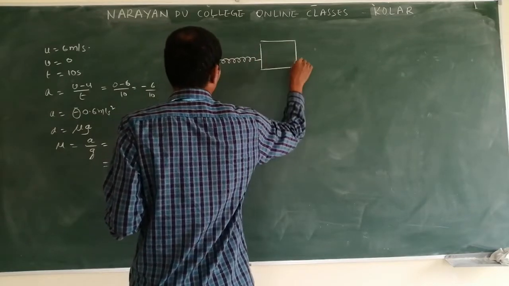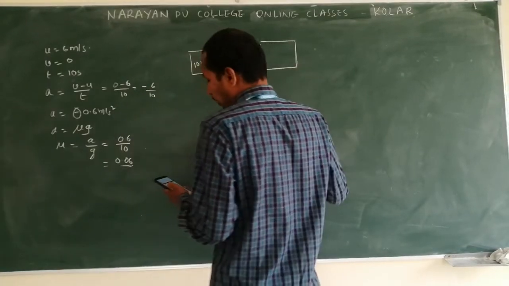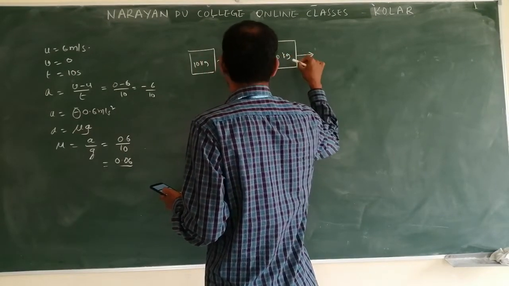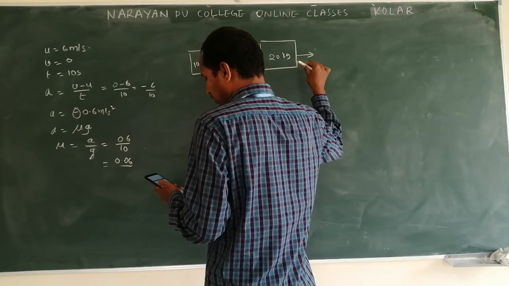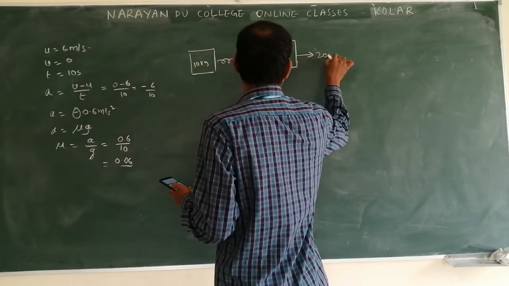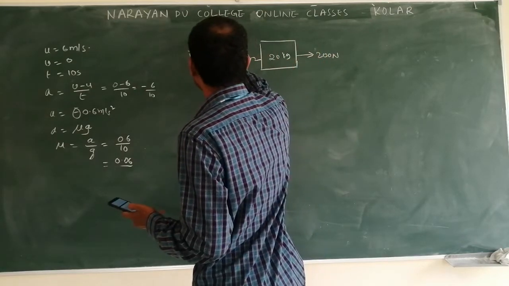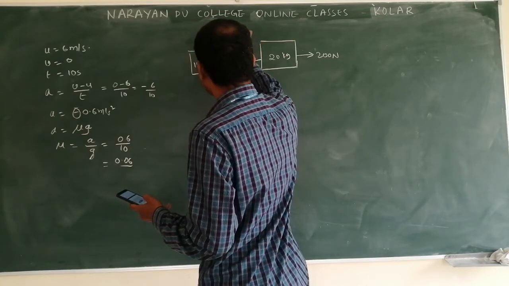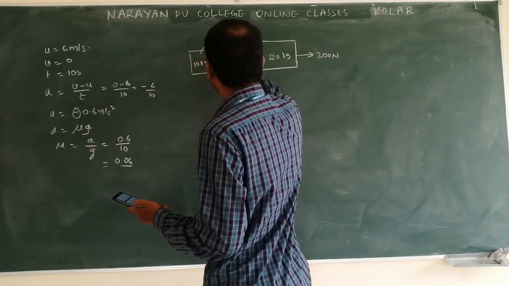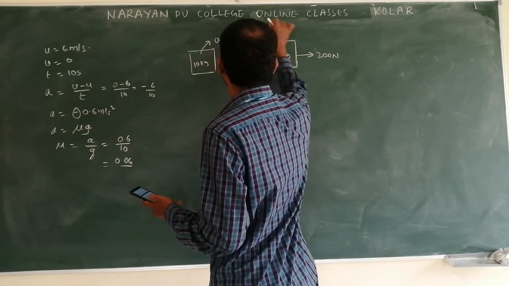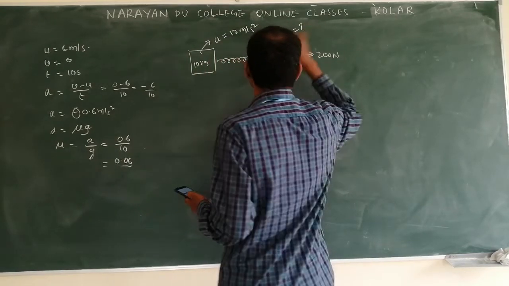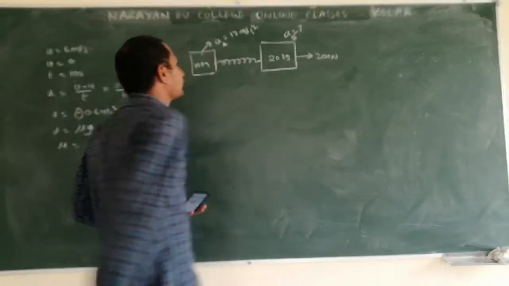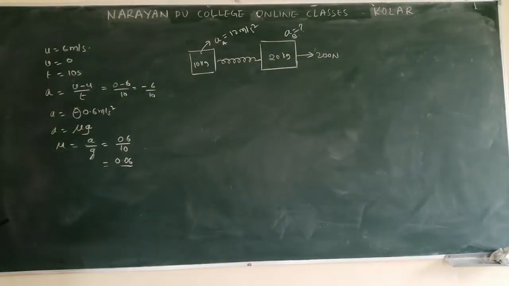Another one is a big block. This is the 20 kg mass. And on the big 20 kg block, 200 newtons are acting. The small block acceleration is given as 12 meter per second square. They are asking the big block's acceleration. You take this as A, this as B. A is the small block, B is the big block.